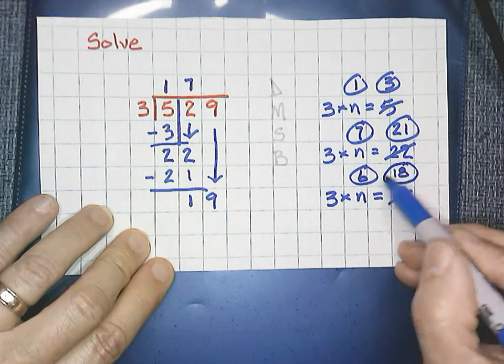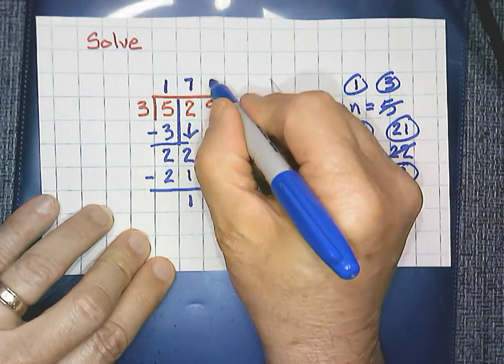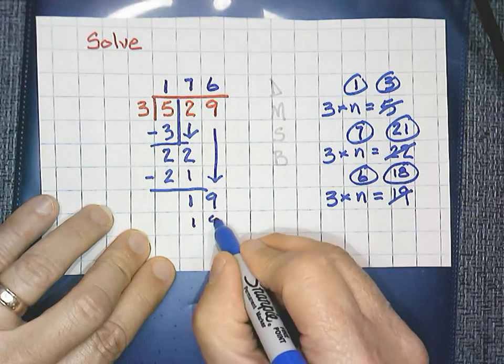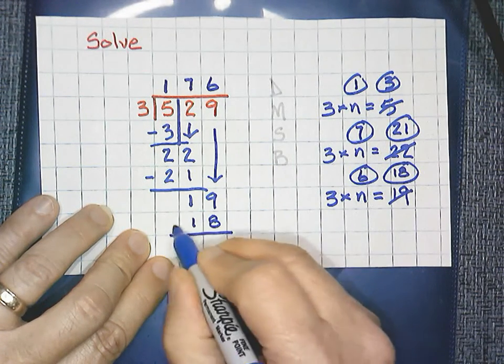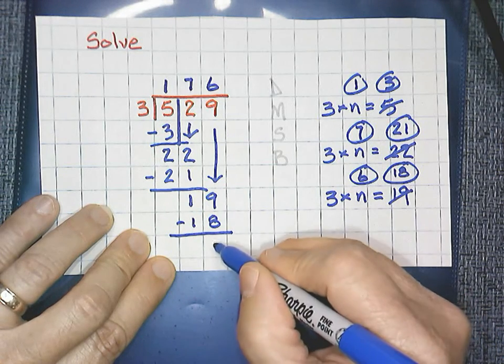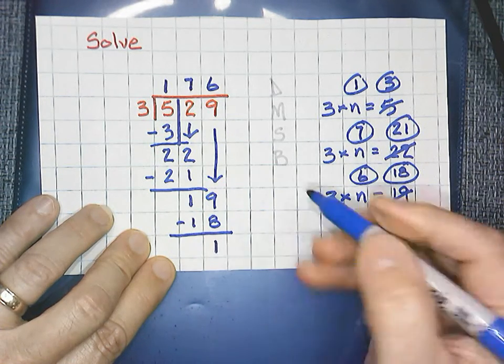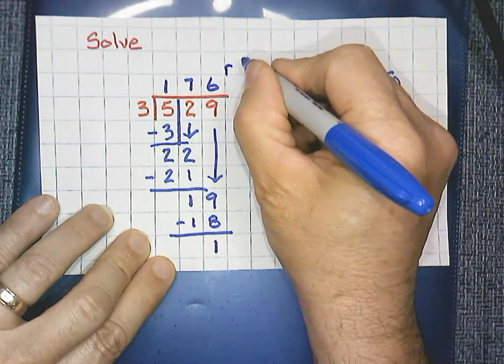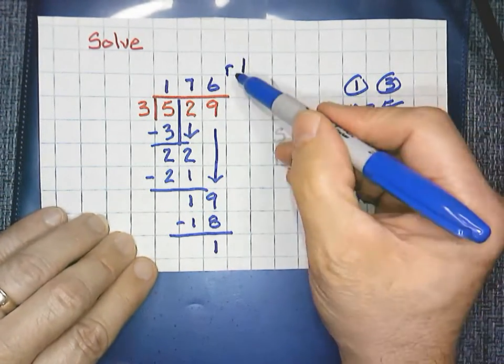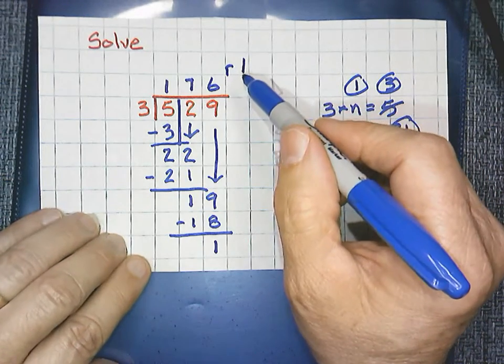I'm going to circle and use both numbers. 6 up top, 18 on the bottom. I can see that they're close, but they're not the same. To find out how close, I subtract, and my final answer is 176 with a remainder of 1.